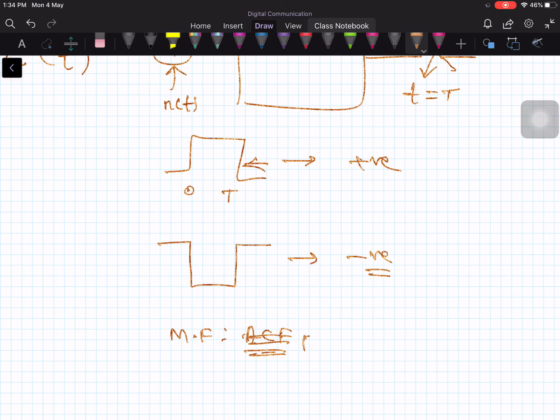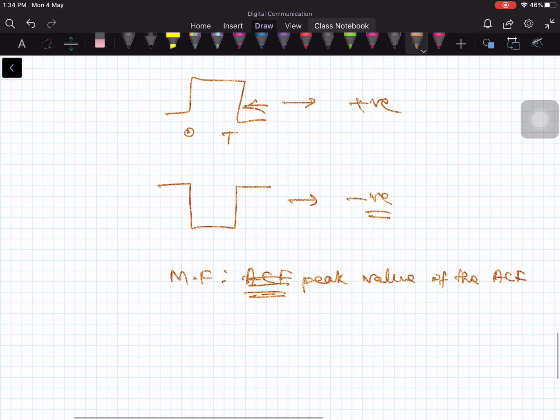The proper way is the peak value of the autocorrelation function. You are taking the autocorrelation function between the input signal and the impulse response of the matched filter. And polarity of course will depend on whether A_L is positive or negative. If A_L is positive, then you'll get a positive peak value.